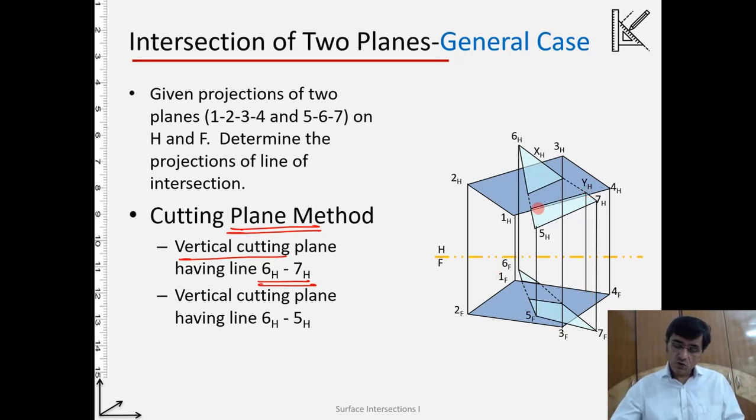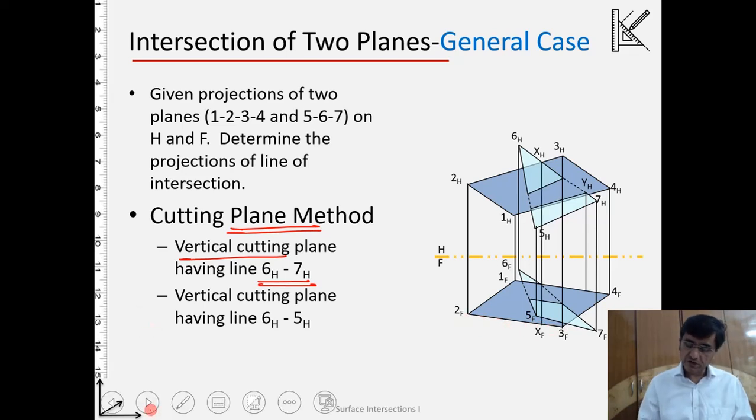So on 1 4 the Yf will lie. Similarly on 2 3 I have got the Xh. If I take this Xh down on 2 3, where the projector from Xh will intersect, I can locate Xf. So that is how the Xf is located.